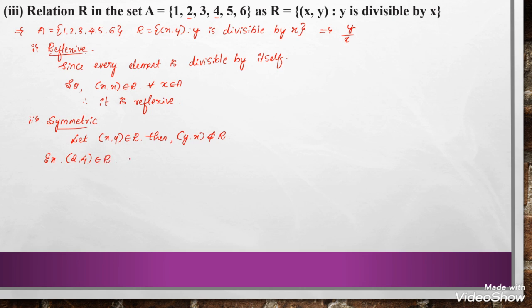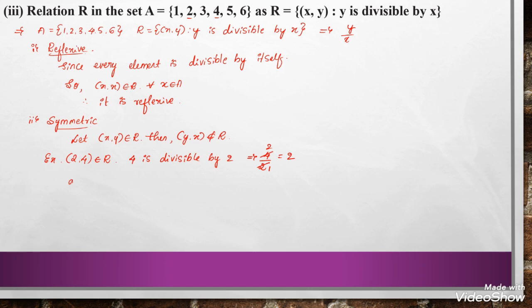It means 4 is divisible by 2. That is, x comma y such that y is divisible by x, that is 2 comma 4. 4 is divisible by 2. I can write 4 by 2: 2 ones are 2, 2 twos are 4. The answer we get is a whole number. It means the element is divisible by the given number.